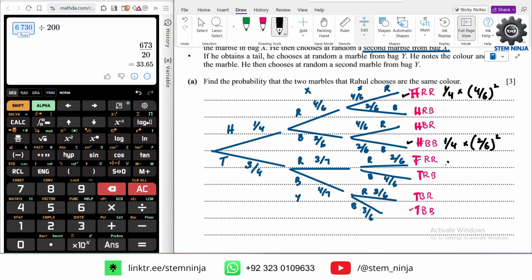Then you have TRR, which is 3/4 times 3/7 times 2/6. Then this one you have 3/4 times 4/7 times 3/6.